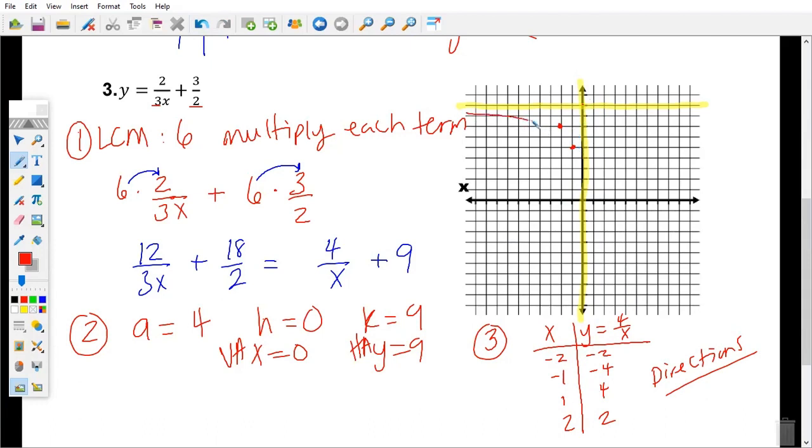And here is my left branch of my function. I can't do the right one. I mean, you can estimate if you want. And then right 2 and up 2. I can do that one. So the graph is doing something like that.